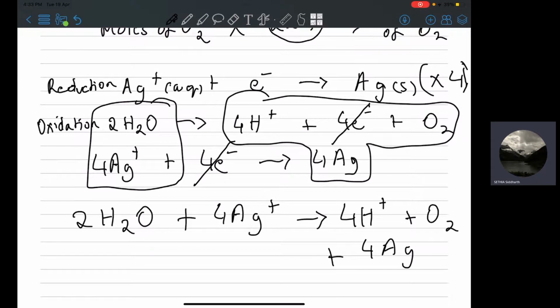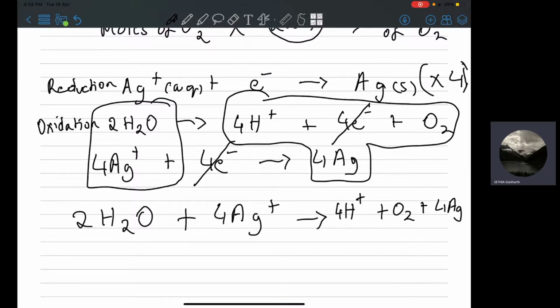I'm sorry, I've gone out of space here, so let me condense this a bit because I don't want any confusion. So 4H+ plus O2 plus 4Ag. There we go. Okay, this is our final big equation.